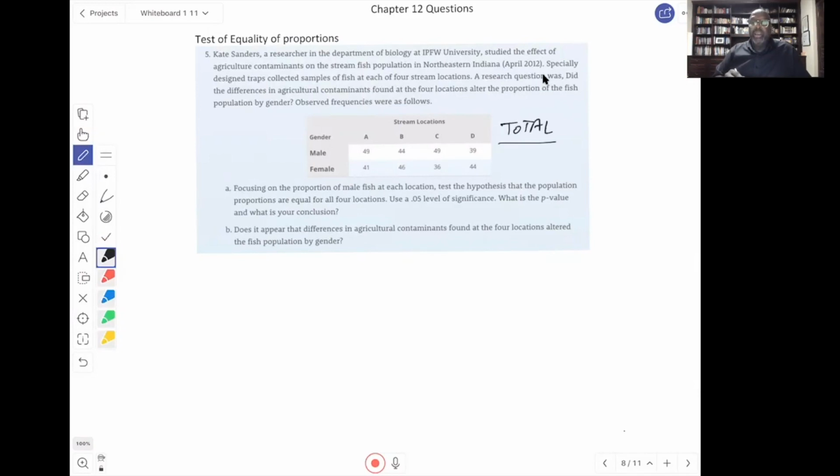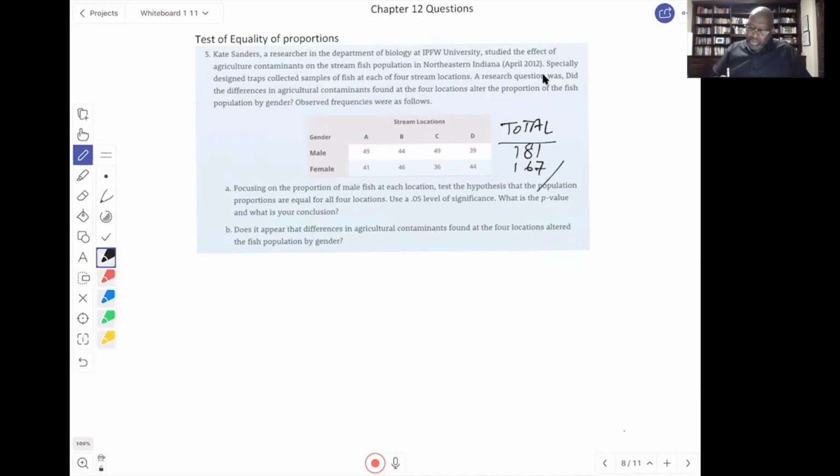We get a total over here, and if we add it all up, I'm going to be a little lazy, we get 181 male fish and 167 female fish.